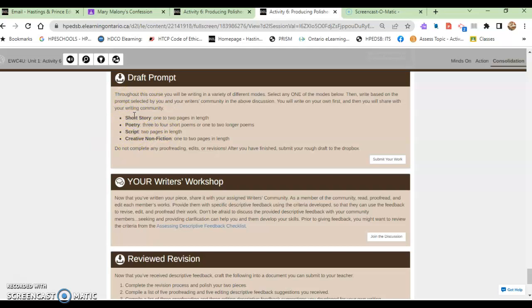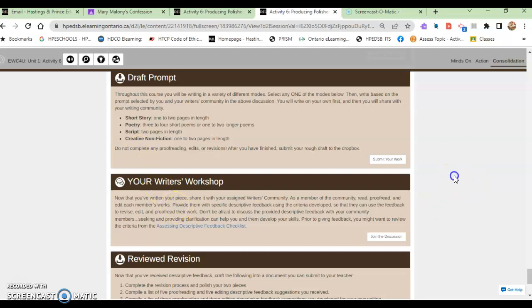And then using your prompts, or even the ones I emailed to you, but if you have your own from Unit 1, Activity 1 or 2, where you created prompts, use one of those in order to create an idea from which to write.